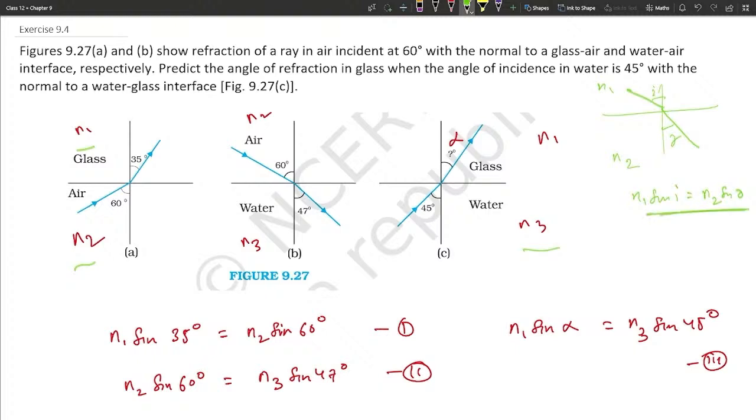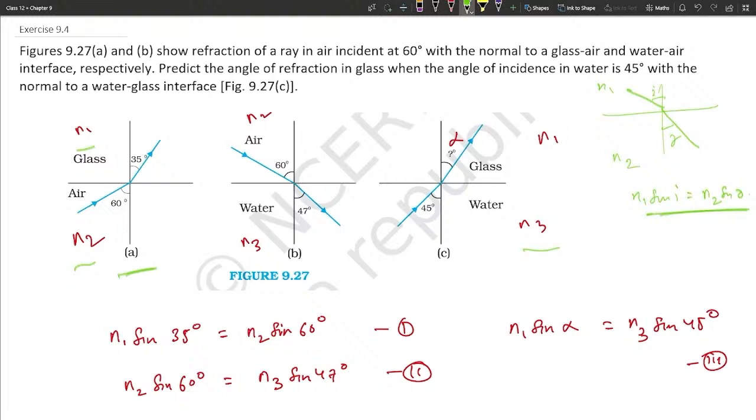Now we will use this in order to find alpha, that is the angle of the refracted ray in the glass media. So using Snell's law in the first diagram we see that N1 sine 35 degree is going to be equal to N2 times sine 60 degree. Similarly, equation 2 we will get from the second figure, as N2 sine 60 degree is going to be equal to N3 sine 47 degree.